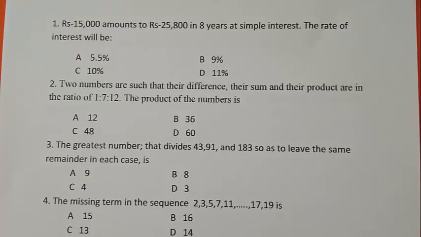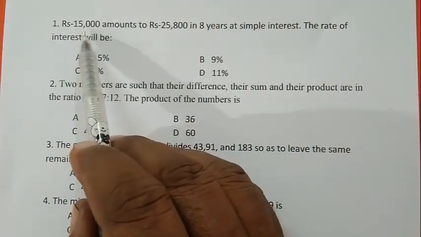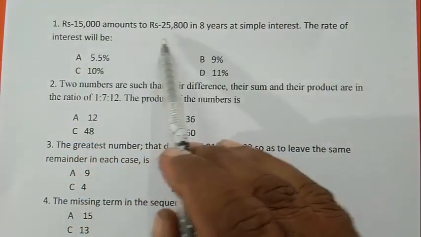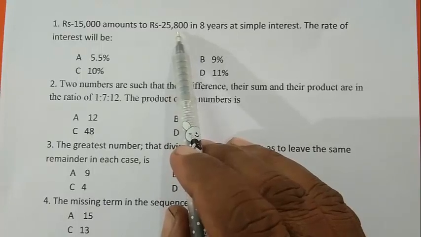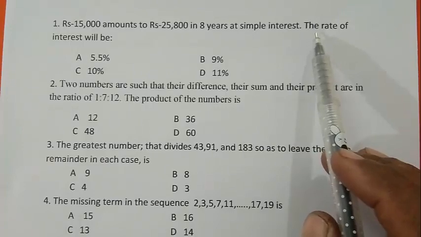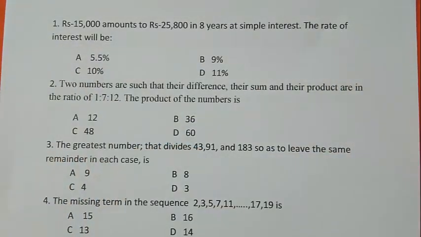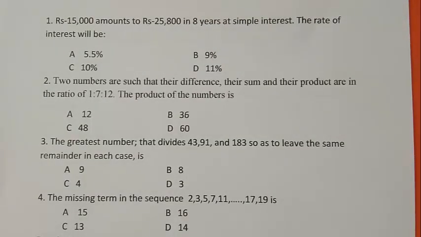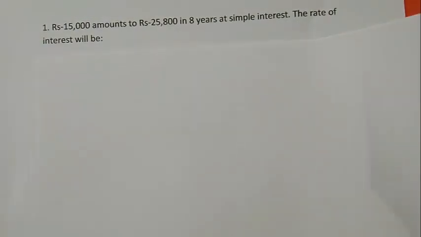Question number 1. Rupees 15,000 amounts to rupees 25,800 in 8 years at simple interest. The rate of interest will be, we simply calculate it from the formula.